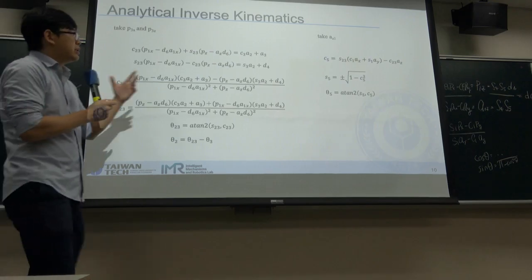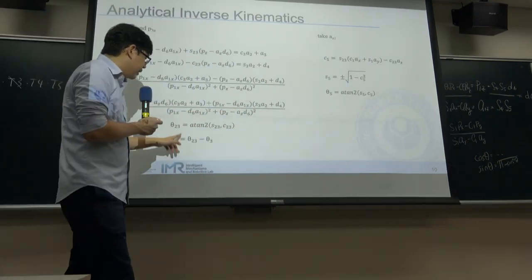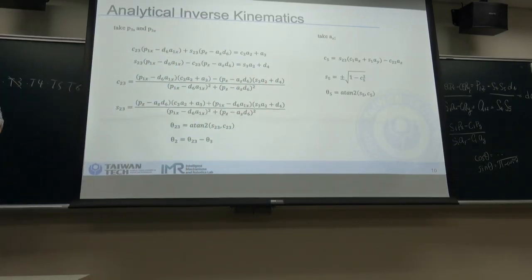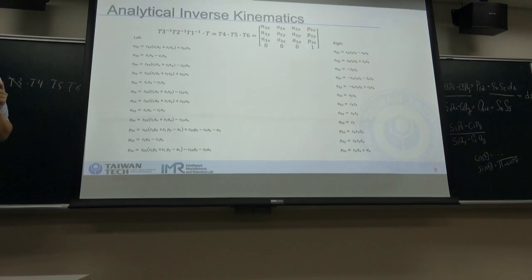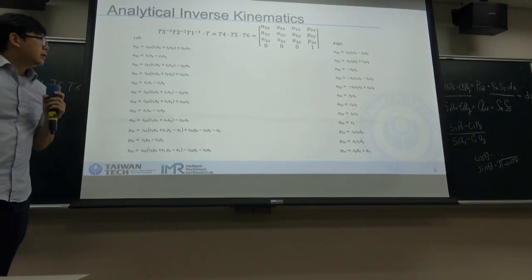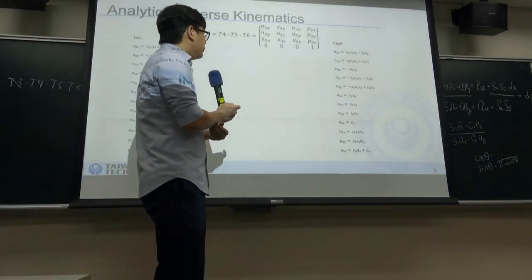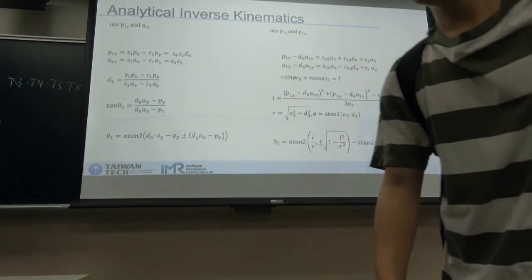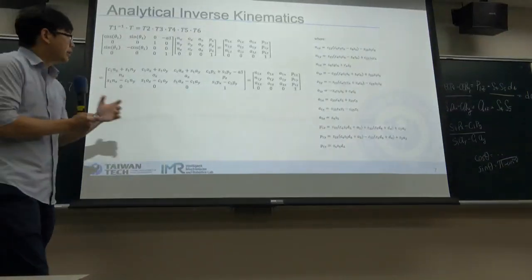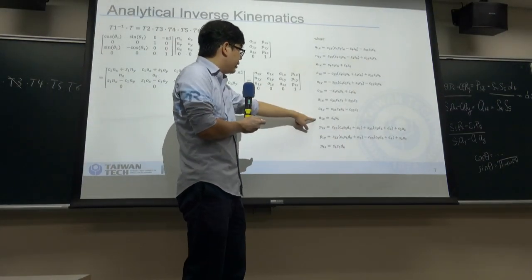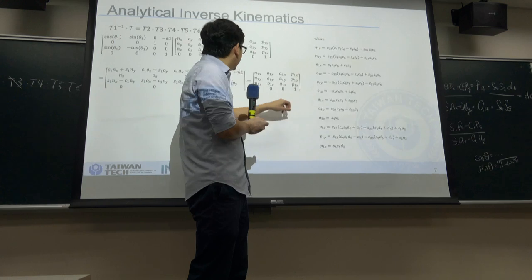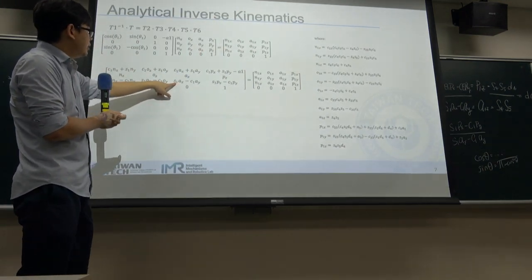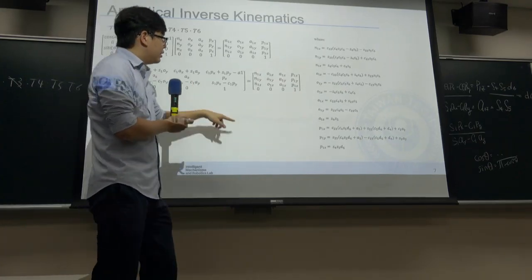And we can also see now we already know theta 1 to 3. Now we can see A1Z is over here, and these are known values.